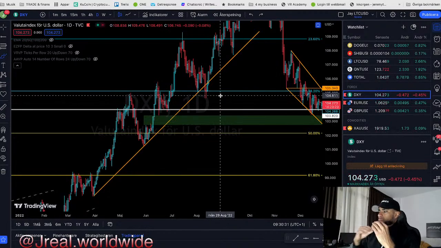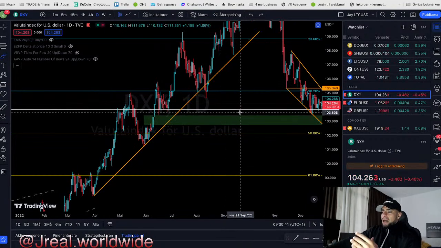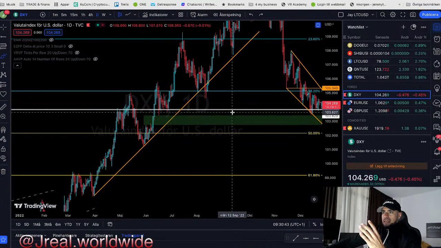So when we chart up Euro USD, when we chart up gold or Bitcoin, and we're looking at the technicals, they will play out about 80%. Like 80% of our analysis should be technicals, and about 20 to 30% fundamentals.